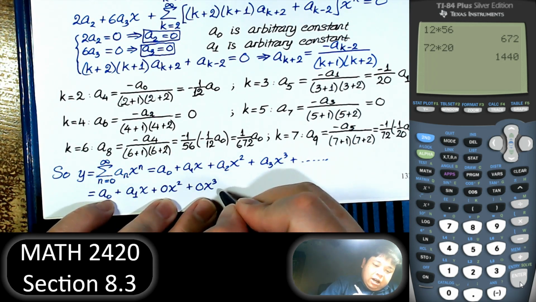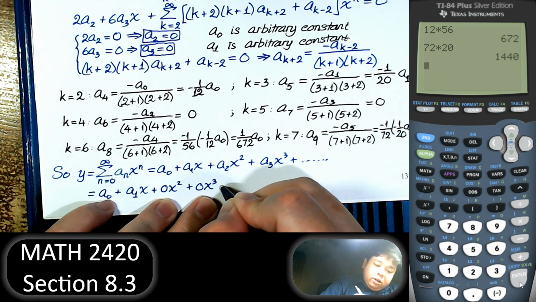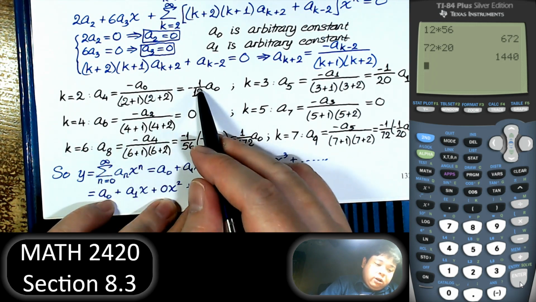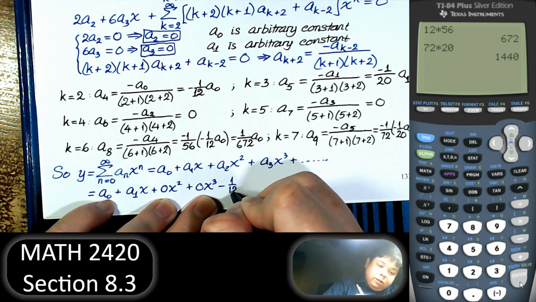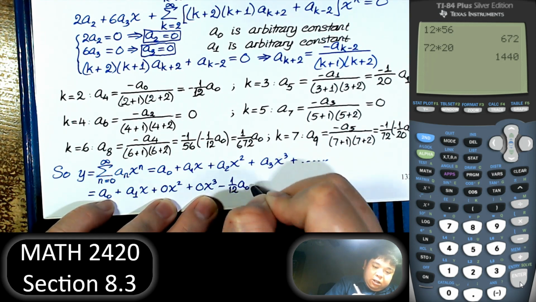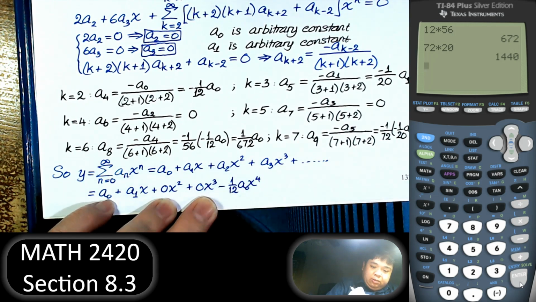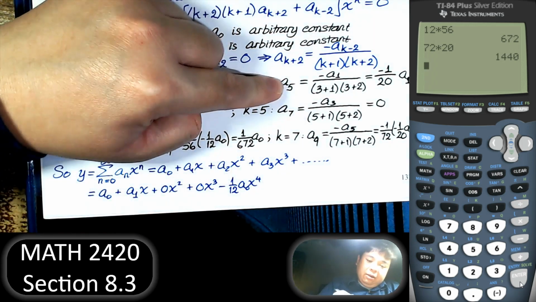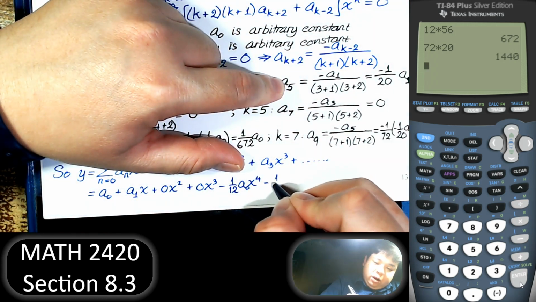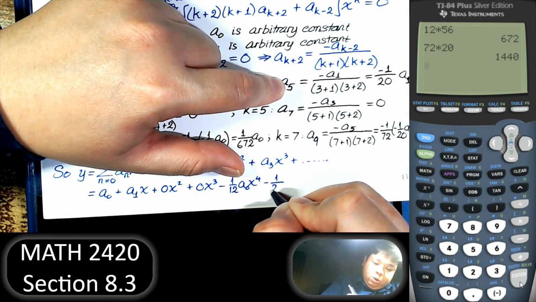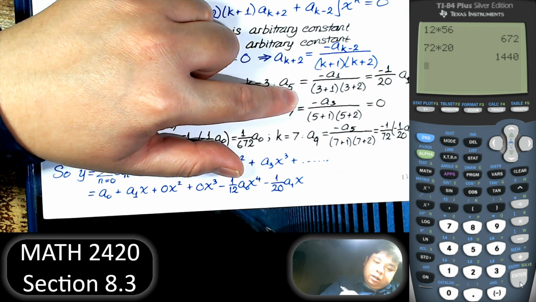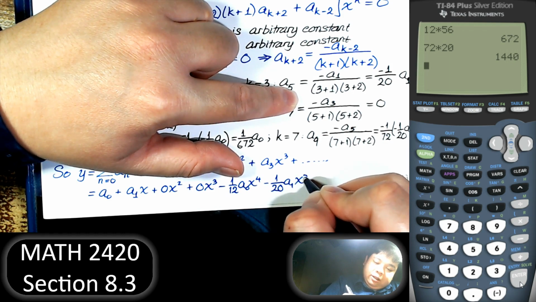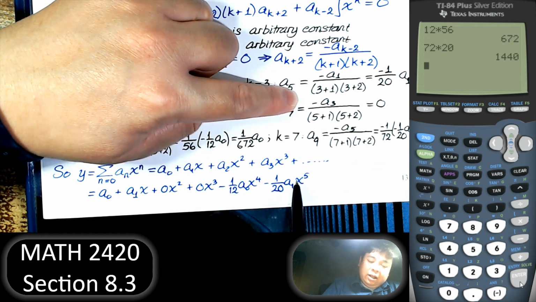Now next, A4 is negative 1 over 12 a naught x to the 4th. A5 negative 1 over 20 a1 x to the 5th, because that is A5.